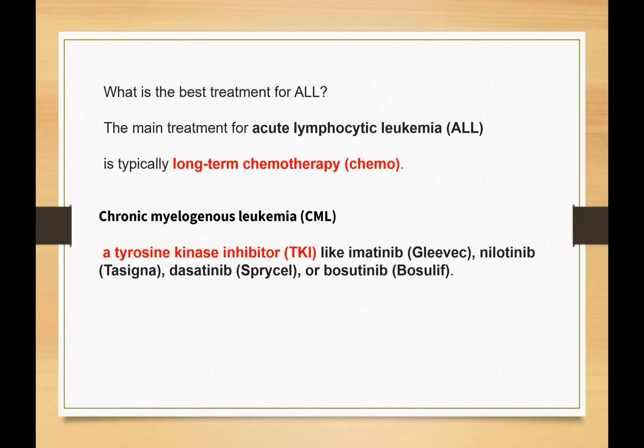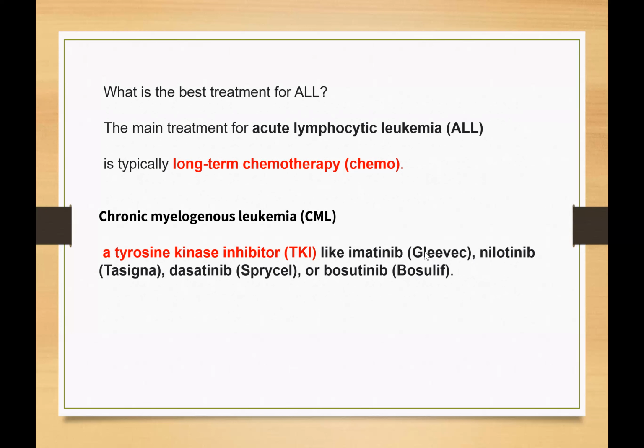The good news here is that both these kinds of leukemia are mostly curable. For example, ALL can be cured by long-term chemotherapies, and for CML, more targeted therapy drugs are available, wherein we use tyrosine kinase inhibitors. A lot of drugs have been designed, and one classical drug is Gleevec.